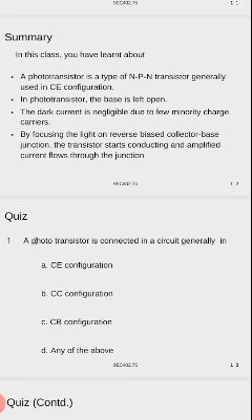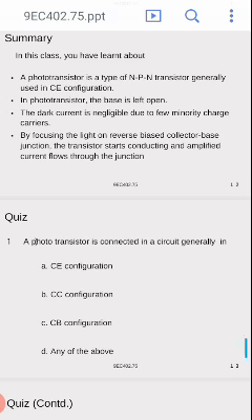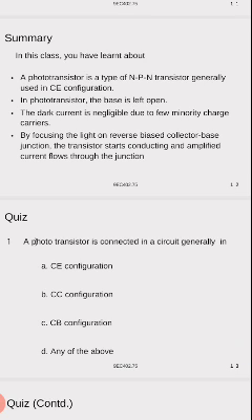Now we go for quiz questions. A phototransistor is connected in a circuit, generally in option A, CE configuration, option B, CC configuration, option C, CB configuration, option D, any of the above.